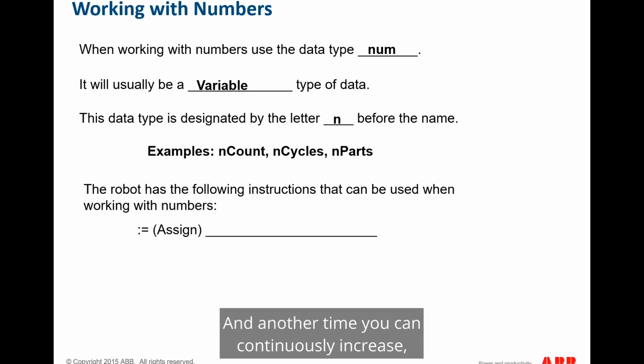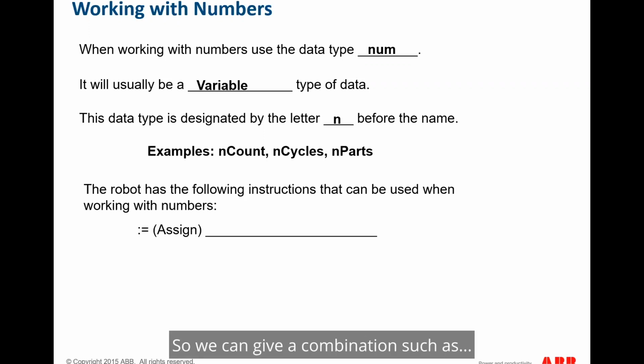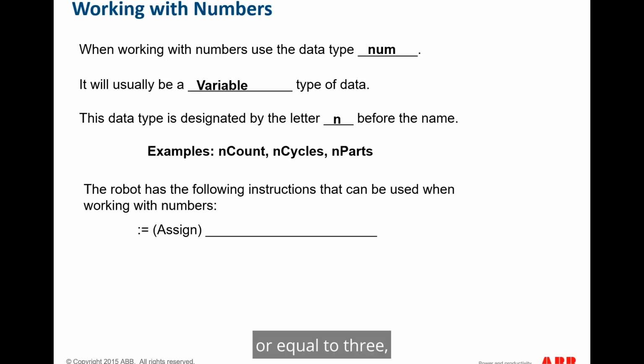And another time, you can continuously increase to 2. So we can give a condition such as, if the n count is less than 3 or equal to 3, we can switch to another type of parts. So this is how you use the count.